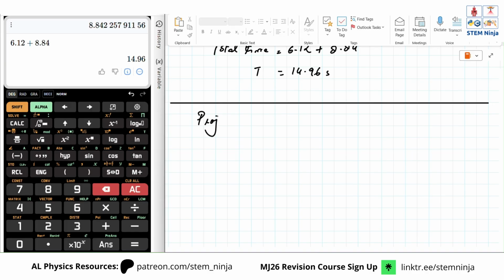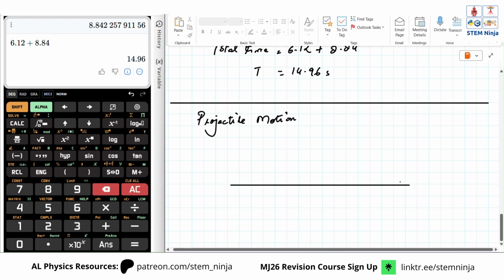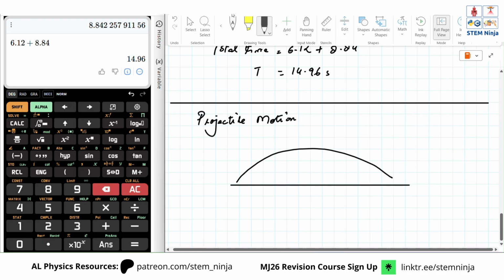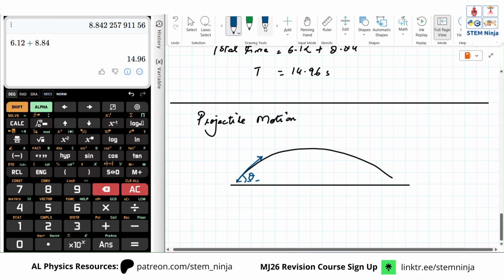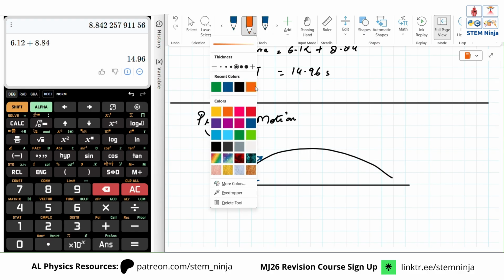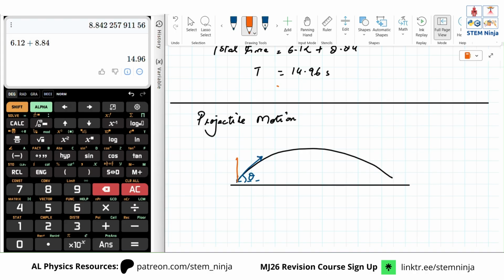In projectile motion we have different scenarios, but what is common in all of them is that we have velocity in some direction, and to solve this we need to resolve the motion into two different directions.